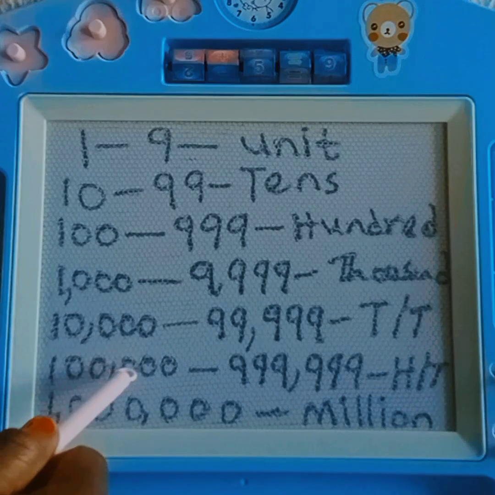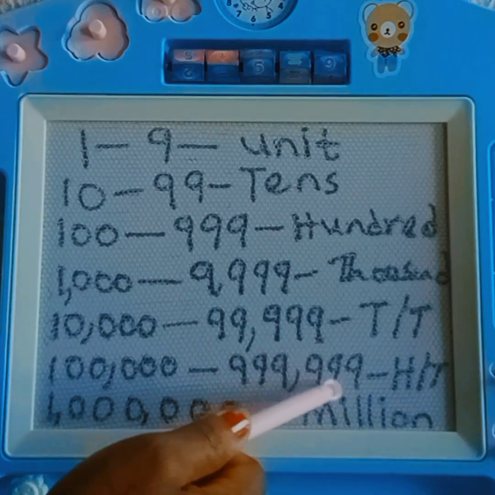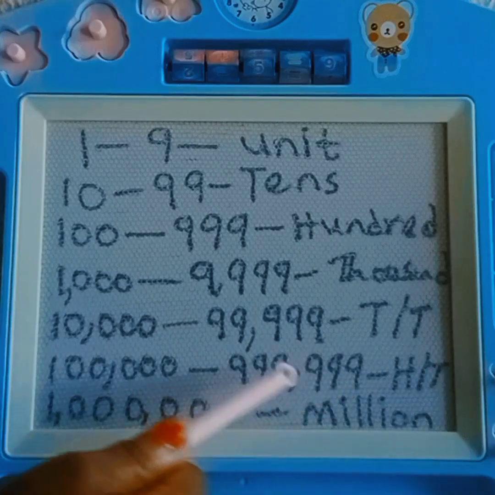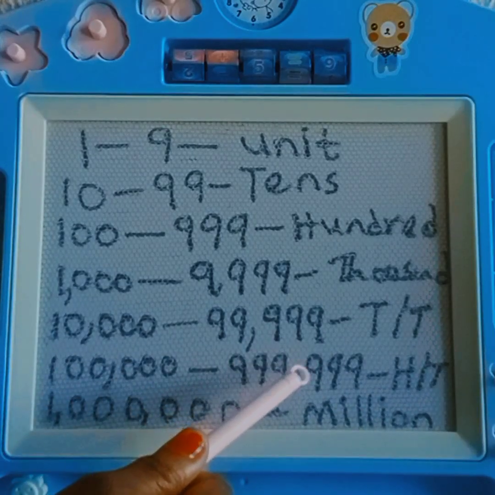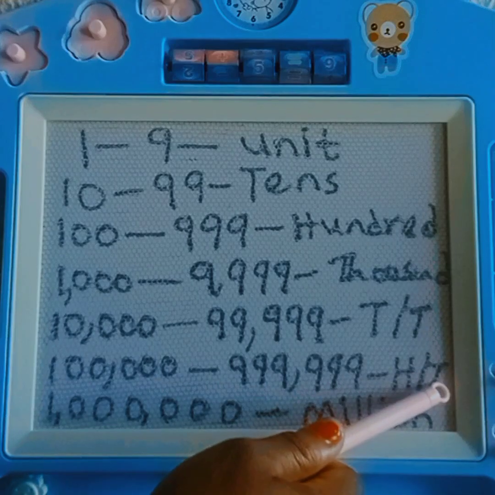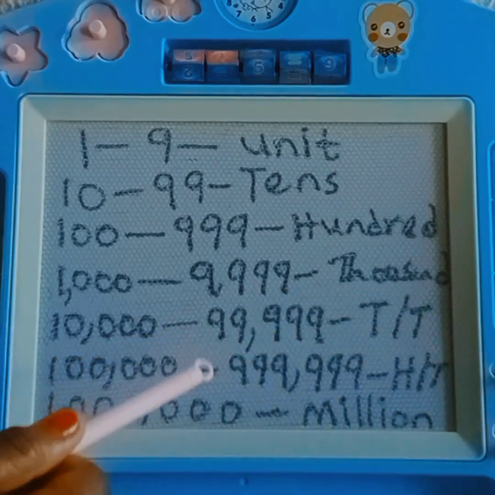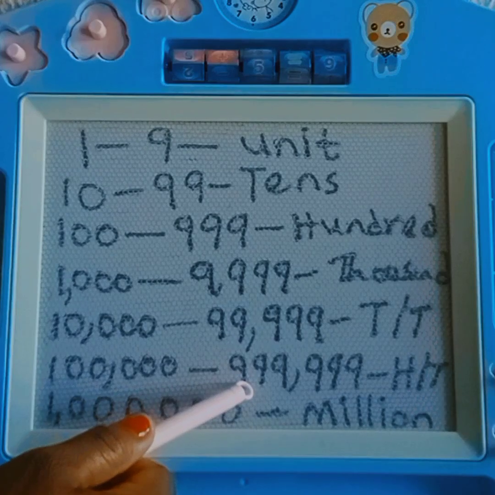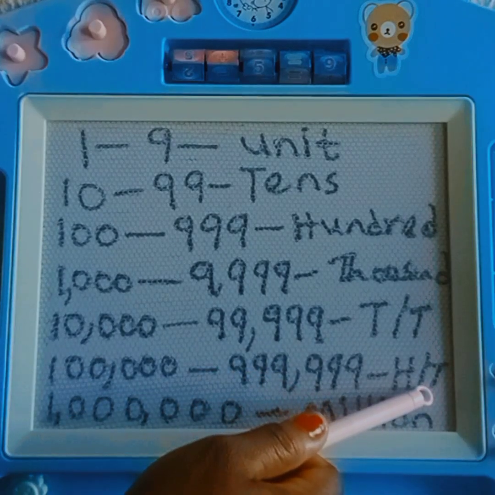Here we have six digits on this row, 1, 2, 3, 4, 5, 6. When you have six digits, it becomes hundreds of thousands. So the first digit here becomes hundreds of thousands.